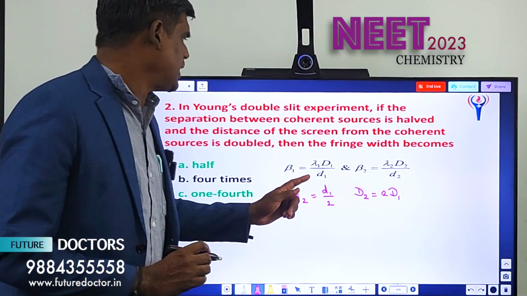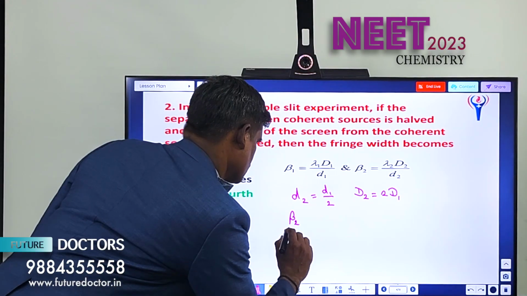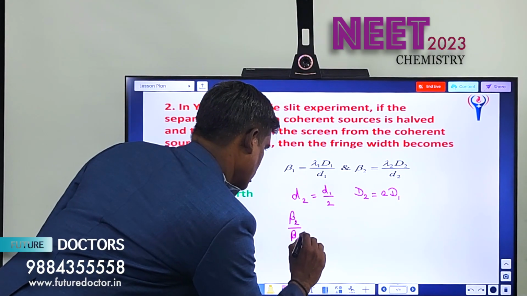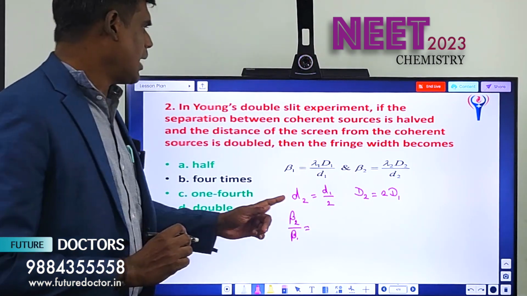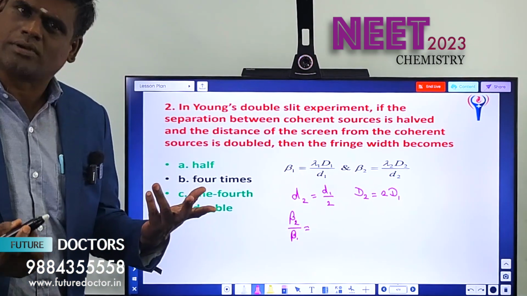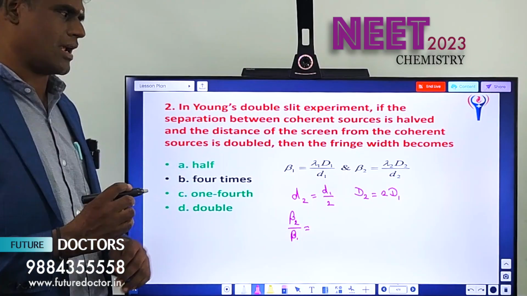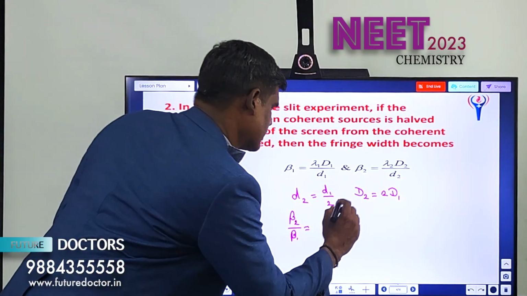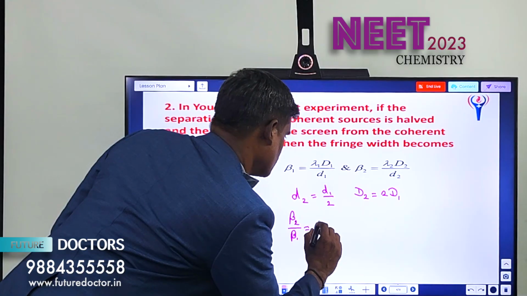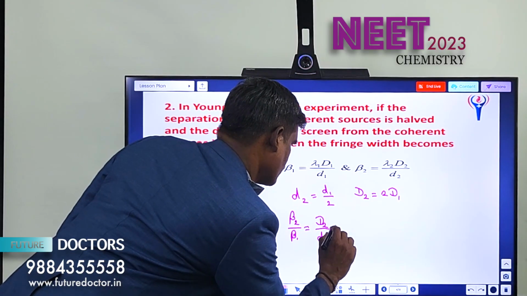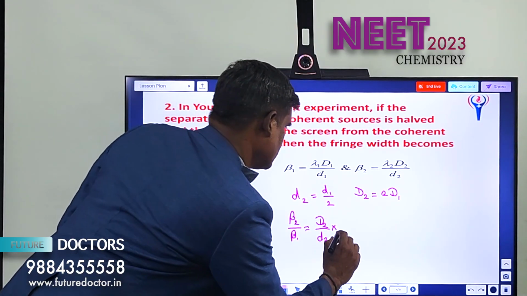Then beta 2 by beta 1, lambda 1 equal to lambda 2, lambda same. So lambda getting cancelled, and then we'll write the remaining thing.